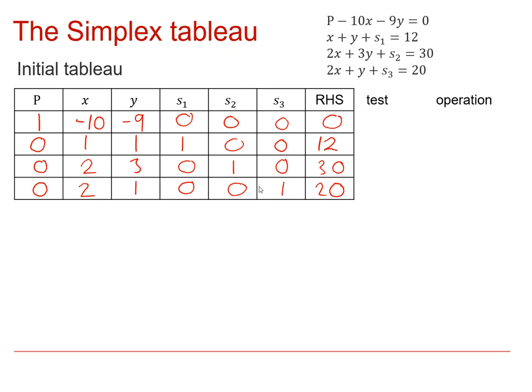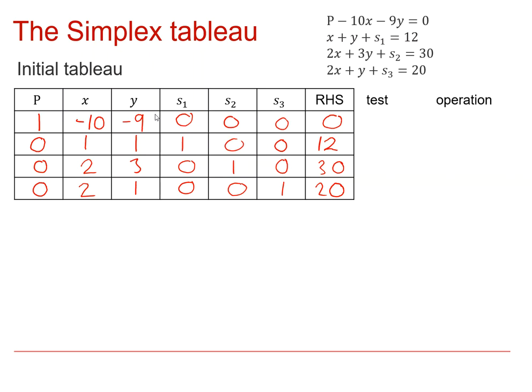Now, as far as the algorithm goes, the first thing we should actually do is just have a quick look at the top row. And what we see is in the top row there are some negative numbers. So the first step of the algorithm is just to ask that question: are there any negative numbers in the top row? This is unlikely to ever happen to you, but if you were to find that every number in the top row was positive to begin with, what that would mean is that you didn't need to do anything further.